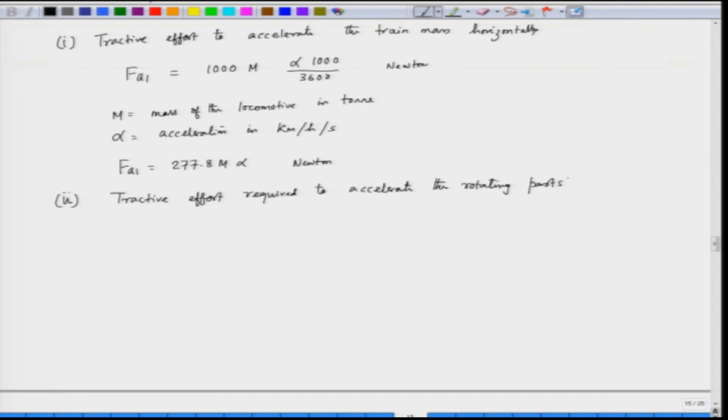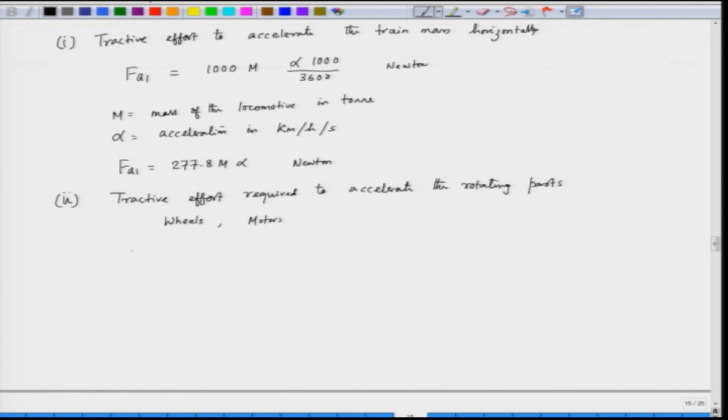What are the rotating parts here? The rotating parts are primarily the wheels and the motors. We neglect the moment of inertia of the axles, which can also be clubbed with the wheels.